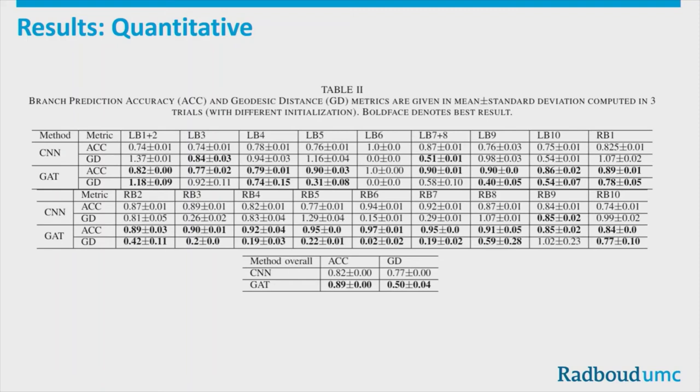For instance, for RB6, we see a perfect score, 100% accuracy. This is because RB6 has very low anatomical variation. But LB1 plus 2 or LB3, 4 have very high anatomical variation. That's why they have accuracy around 0.8.